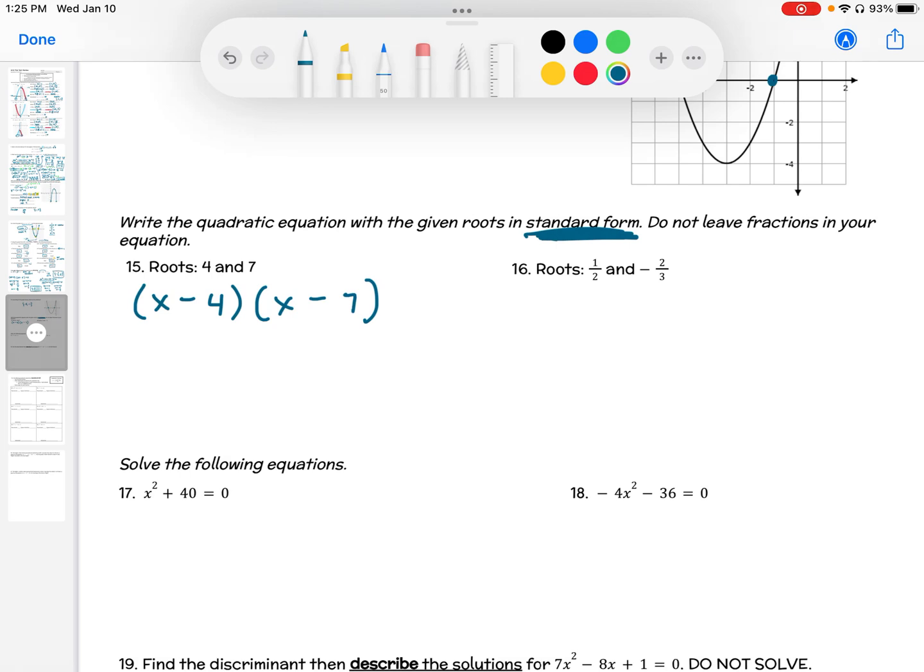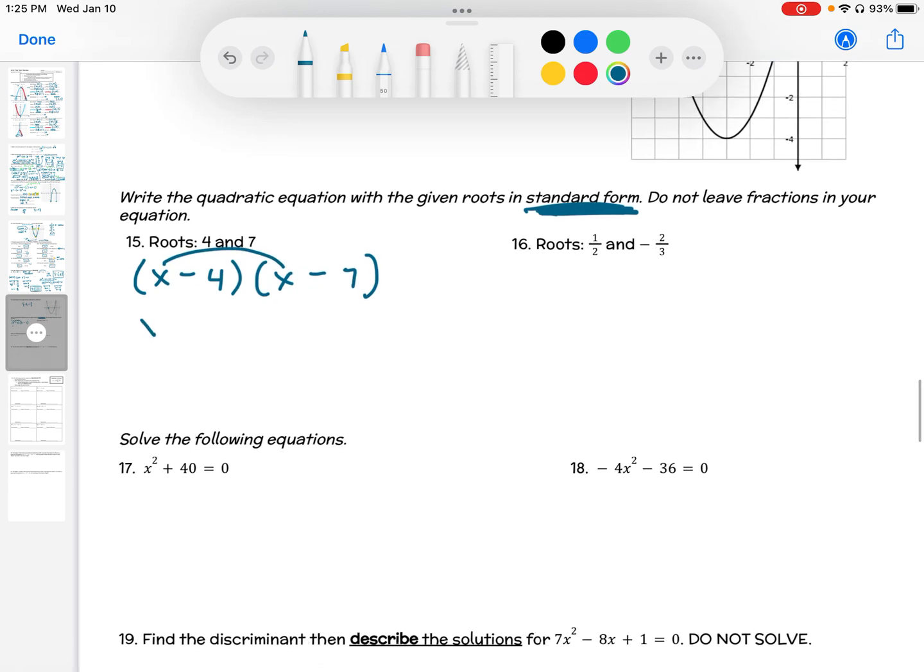And so what we're going to do now is FOIL everything out. So we're going to multiply the first terms together and get x squared. The outside terms would be negative 7x. The inside terms would be negative 4x.